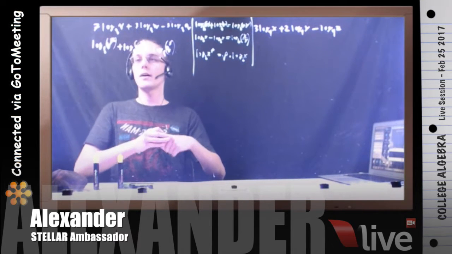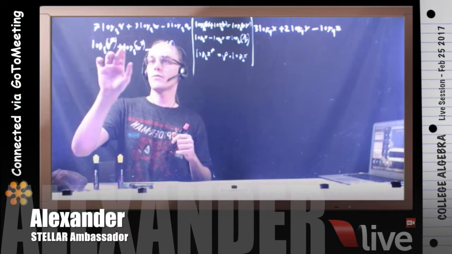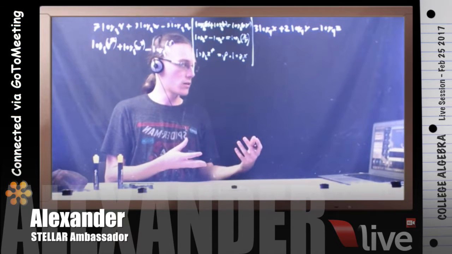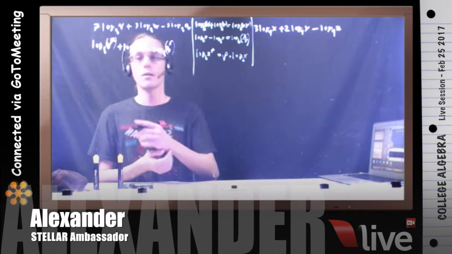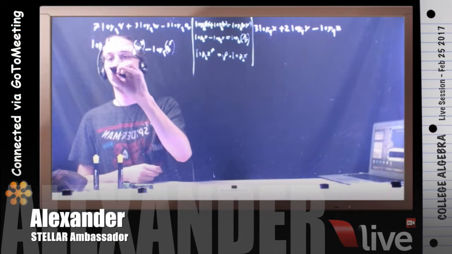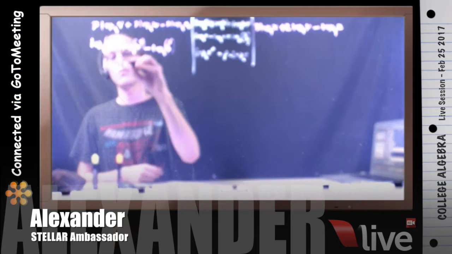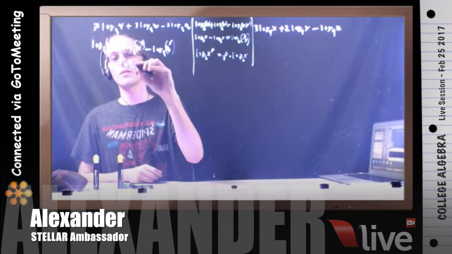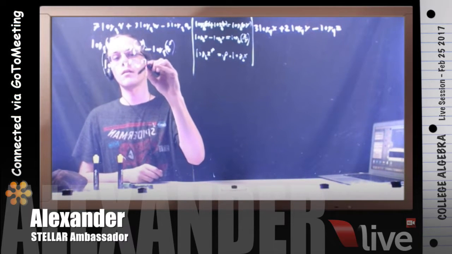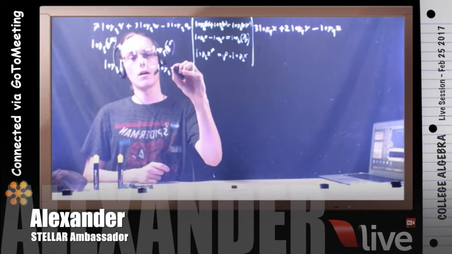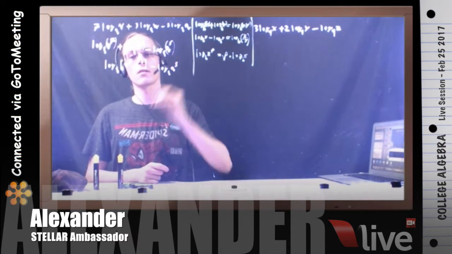So now I have a bunch of logs all by themselves, if you like, and I can use these two properties over here. So if I'm using these two properties for addition, it becomes multiplication. So I have log base 8 of v to the 7th times w cubed, and then minus log base 8 of q to the 5th.